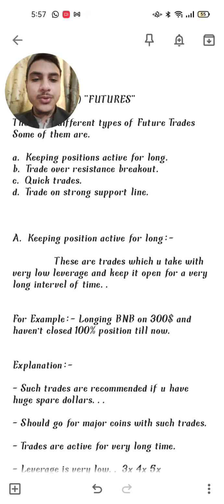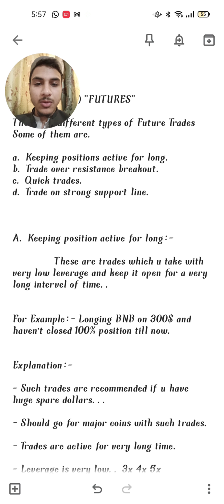So keeping position active for long, what type of signals are these? These are futures signals in which trades are open for a very long time and with low leverage. Fine. So these are trades which you take with very low leverage and keep open for a very long interval of time. I'll give you an example.